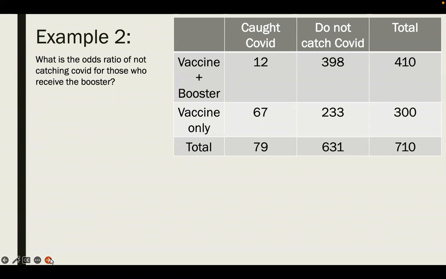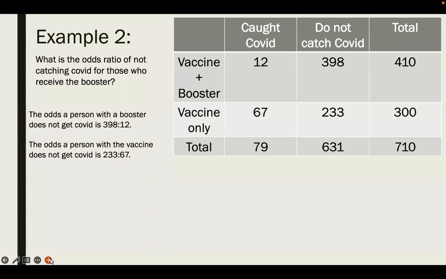Okay, so now let's find the odds ratio of not catching COVID for those who receive the booster. So the odds a person with a booster does not get COVID is 398 to 12, right? Because not getting COVID is what we want. So 398 comes first. Those that got COVID are after. Someone with just the vaccine, well, those odds are 233 to 67.